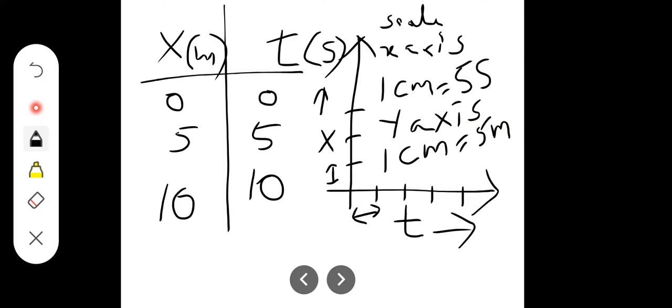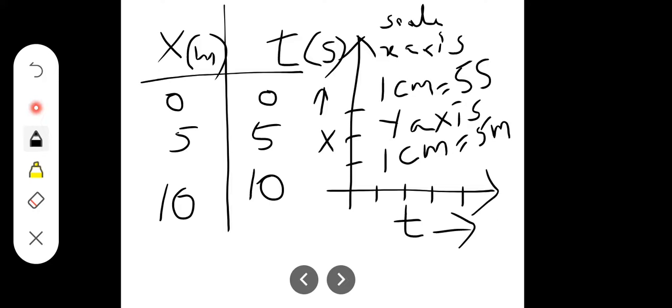On this page there is no space, so I'll just show how to write the values on the x and y axes. Along the x-axis, 1 centimeter equals 5 seconds, right?